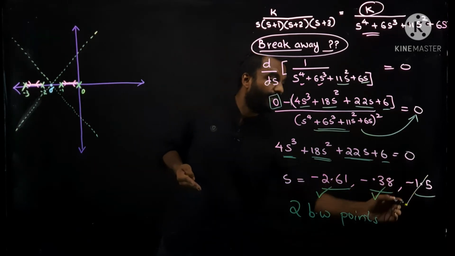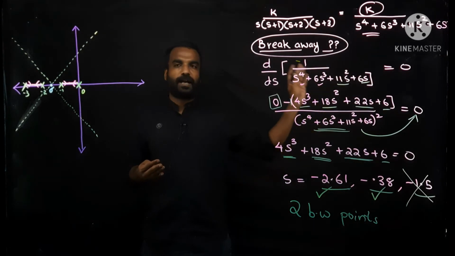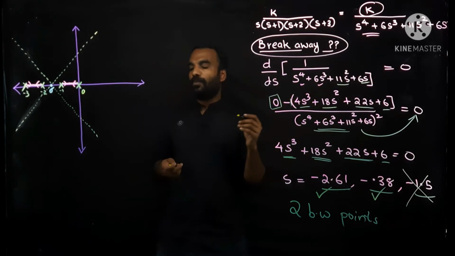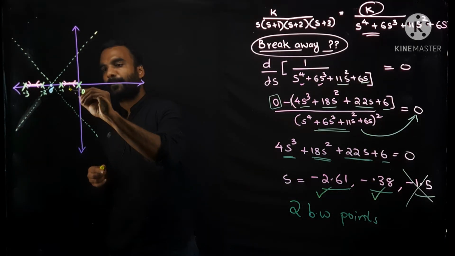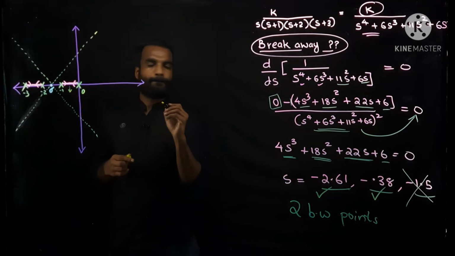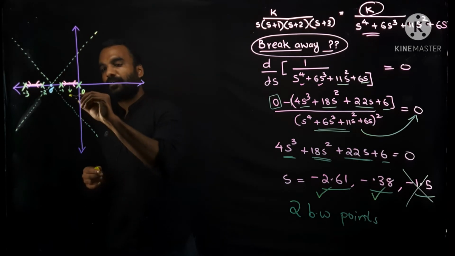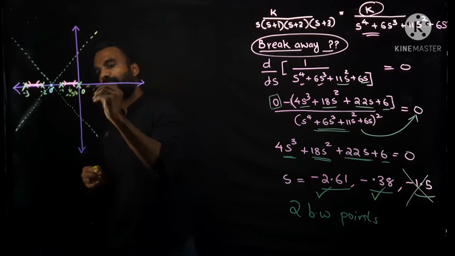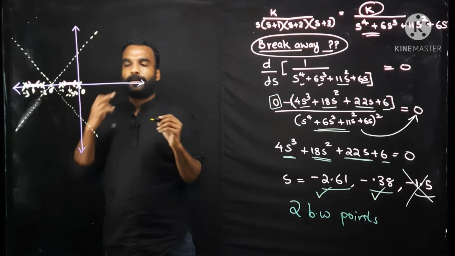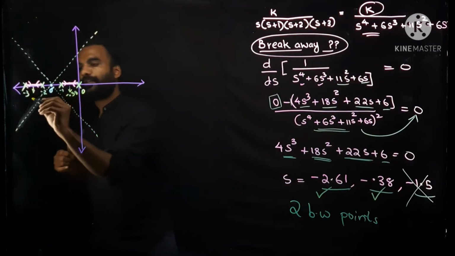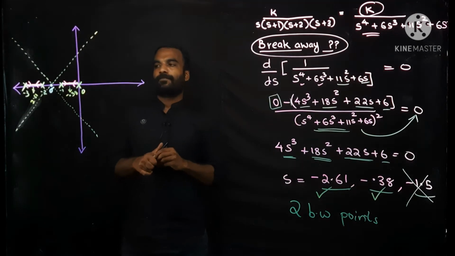So this is an invalid breakaway point. So avoid that point. Take the other points. One is minus 0.38, first point, and the other point is minus 2.61. So that is okay.